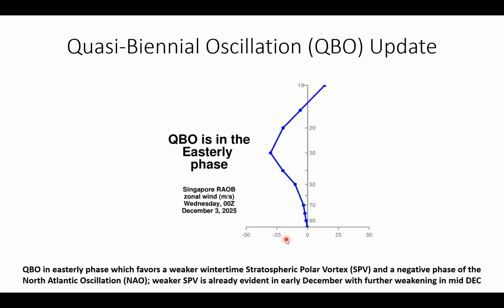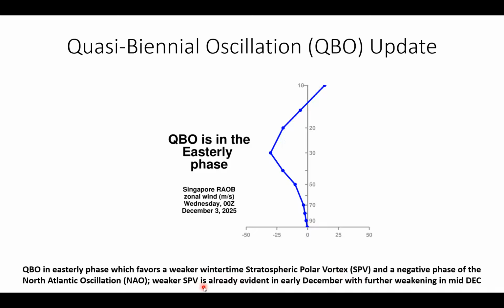The negative values represent easterly winds in the stratosphere above the equator. So you see the blue line here is clearly to the left of this solid gray vertical bar, on the negative value side, and that indicates an easterly phase of the QBO. Now this favors a weaker wintertime stratospheric polar vortex and a negative phase of the North Atlantic oscillation.